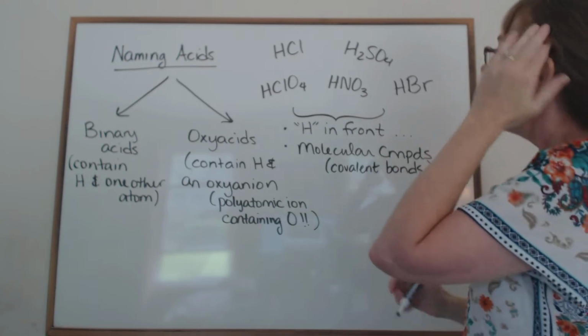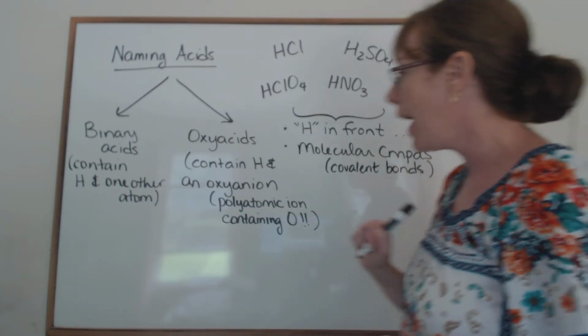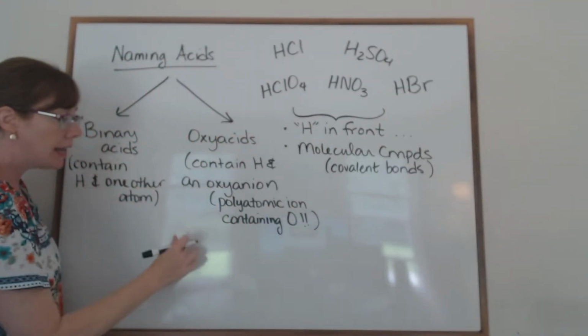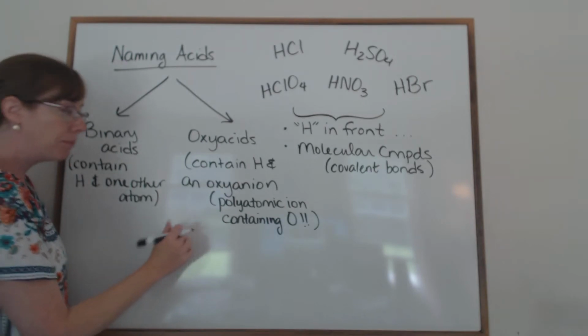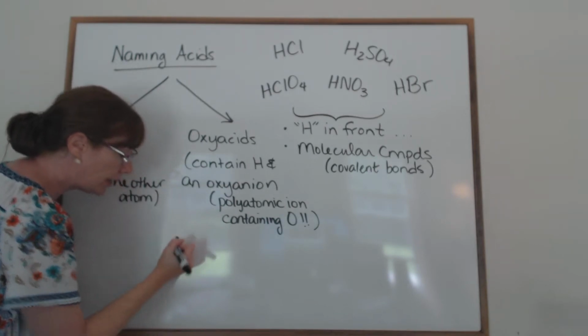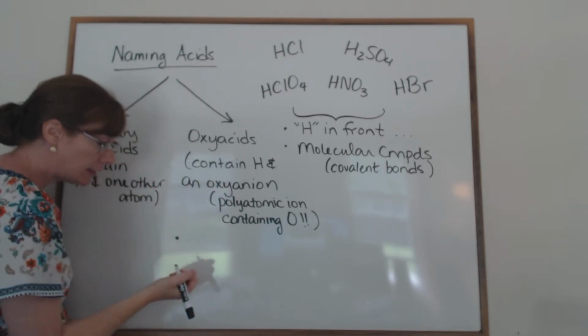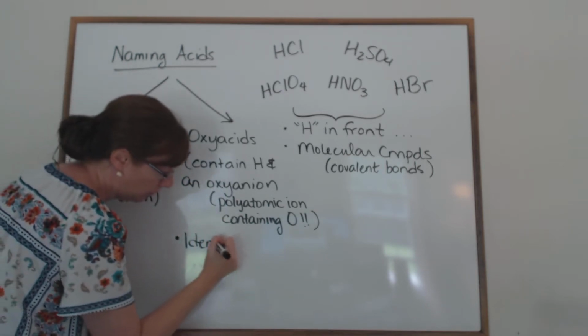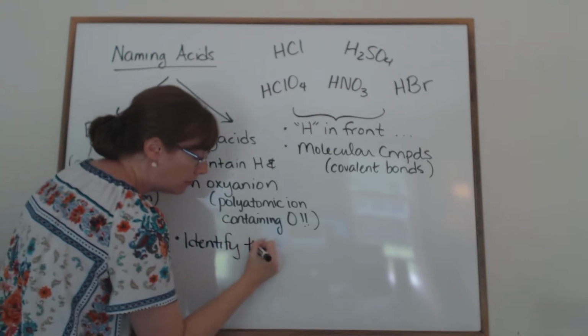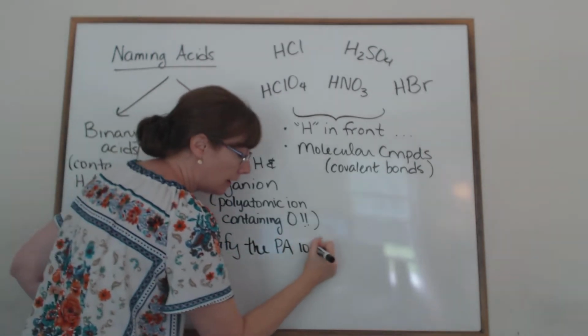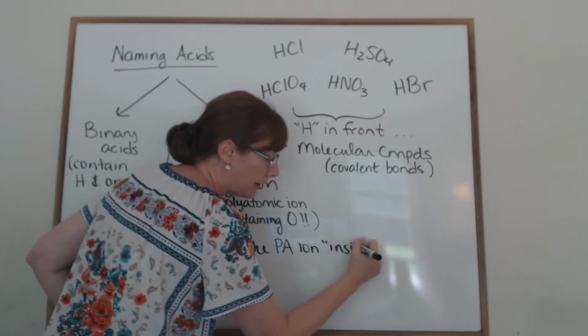Okay, you can see that. Let's see here. So how are these ones named? To name these ones, let me go ahead and give you what you're going to do. First of all, there's no hydro. What you're going to do is identify the polyatomic ion inside of it.